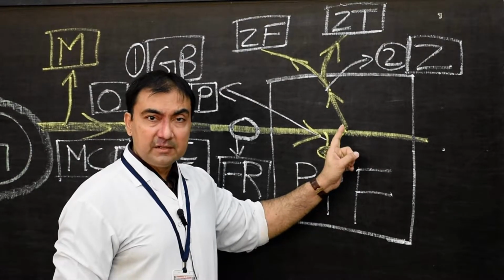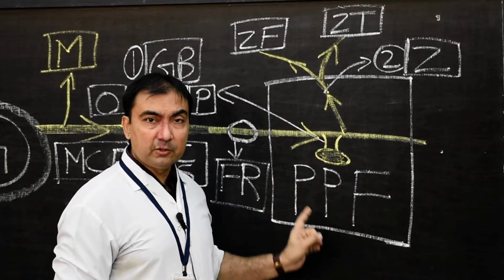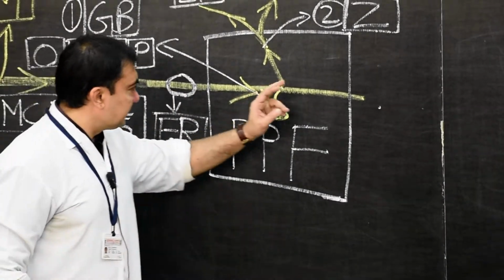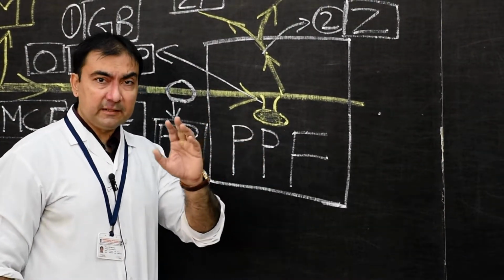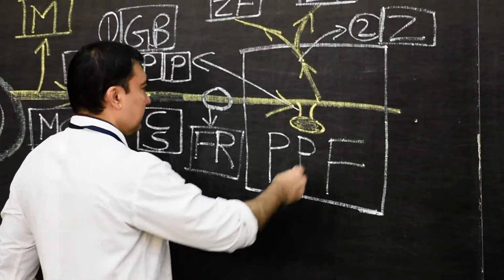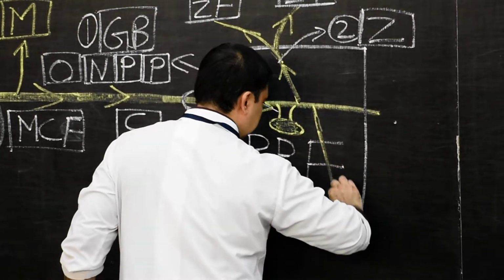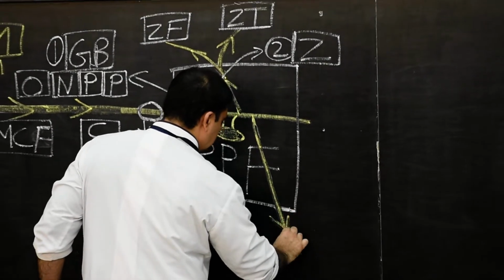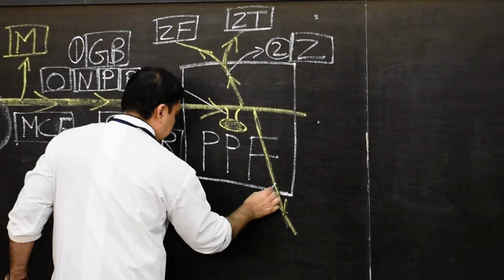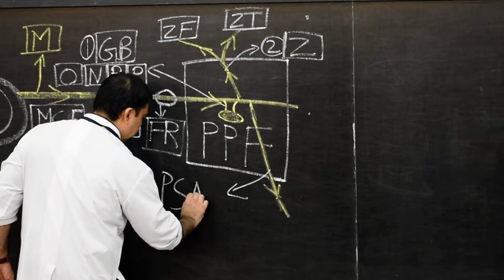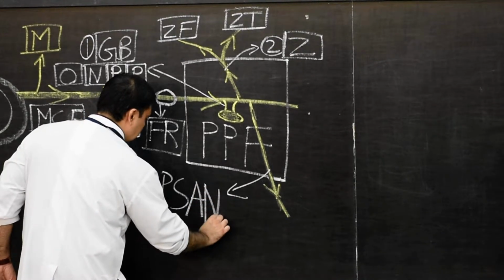That is the second branch of the maxillary nerve in the pterygopalatine fossa. And the third branch of the maxillary nerve in the pterygopalatine fossa will be known as the posterior superior alveolar nerve. So we give this direction in this way, and we name it posterior superior alveolar nerve. Very important.